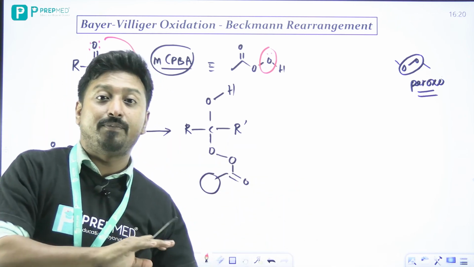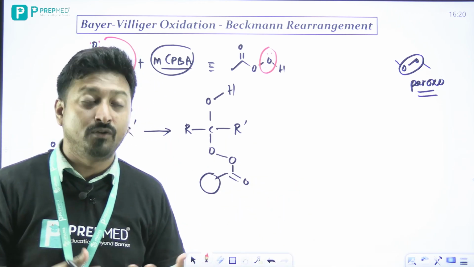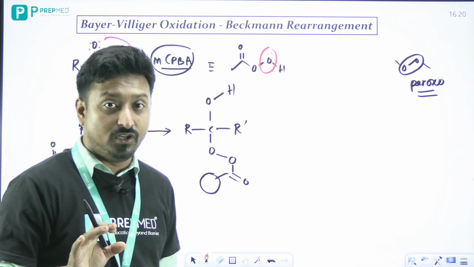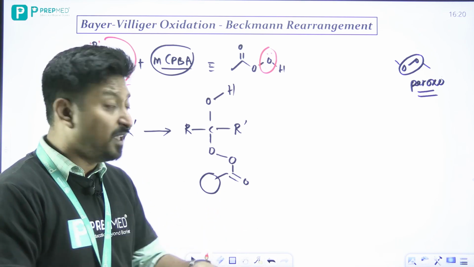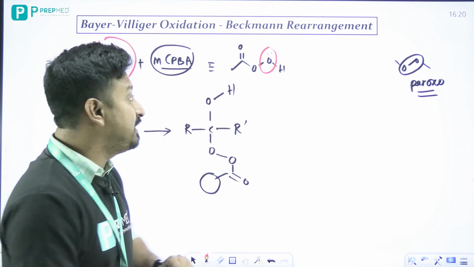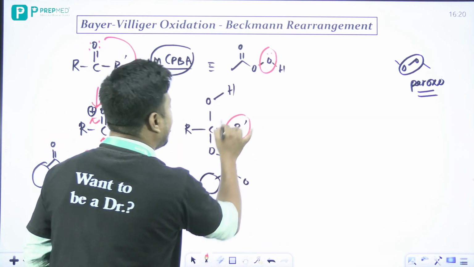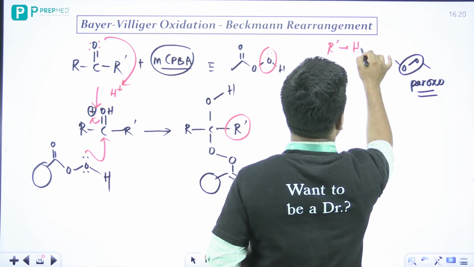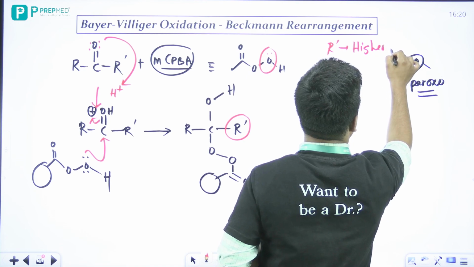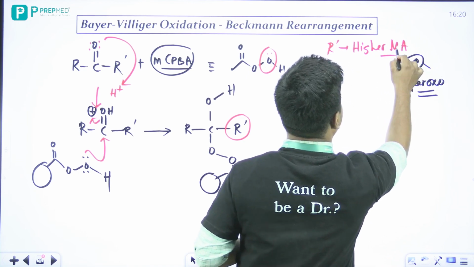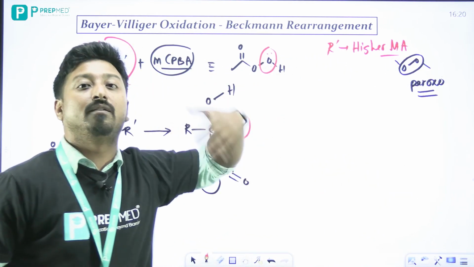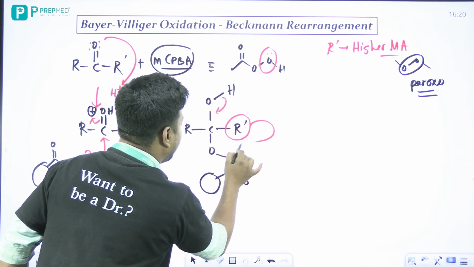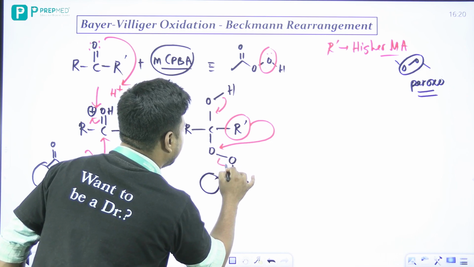I will put up a separate video on migratory aptitude, where I will tell you completely how it actually works. For the time being, just trust me and let's assume that the R prime group has a higher migrating aptitude, meaning a higher tendency to migrate from one place to another. So this R prime migrates here, and this one turns out.